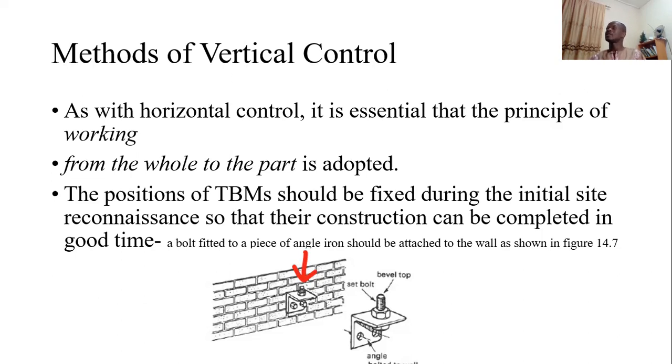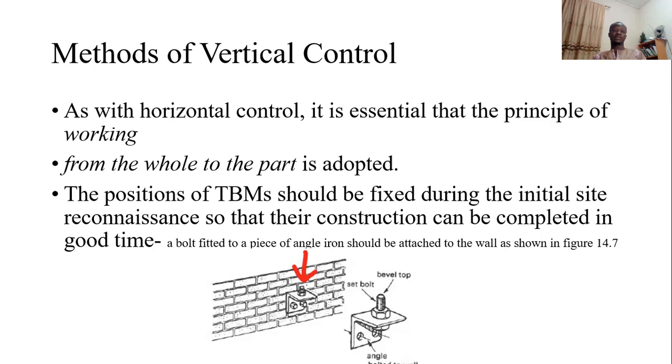If you put the vertical control on a permanent structure and the structure sunk, which is possible, all soils compact with time, the rain and everything, you may have a little bit of sinking. So the point we made is that it's important to establish your vertical controls in such a way that their values don't change.